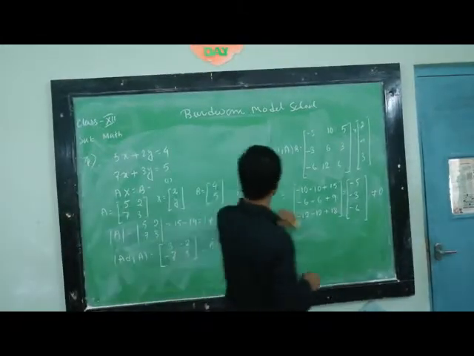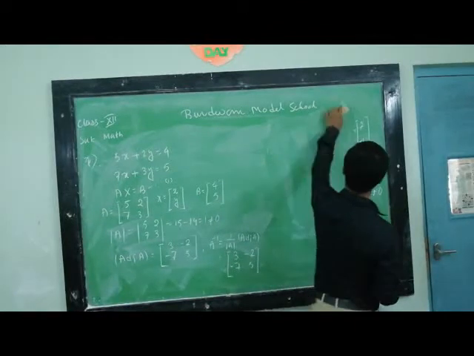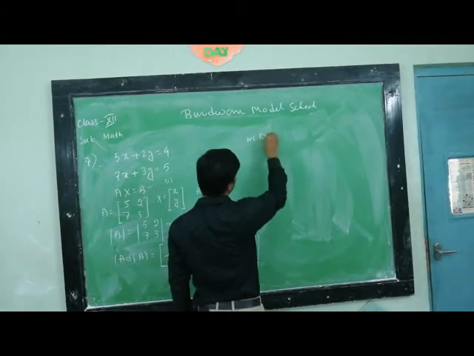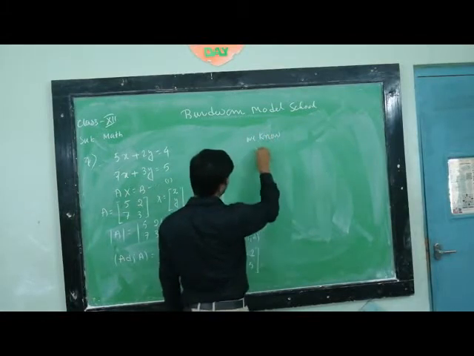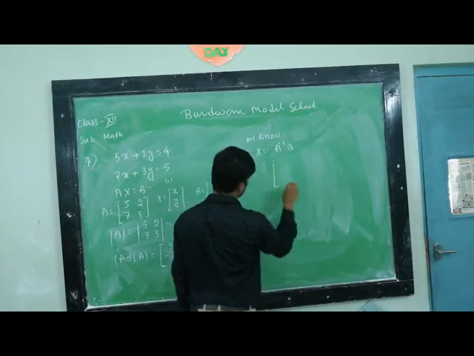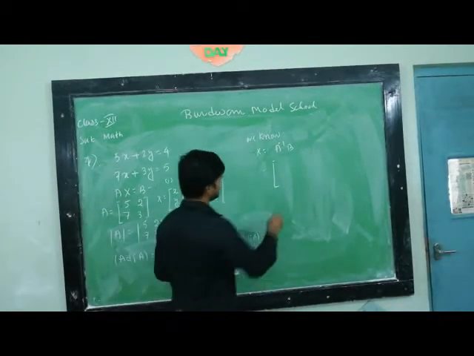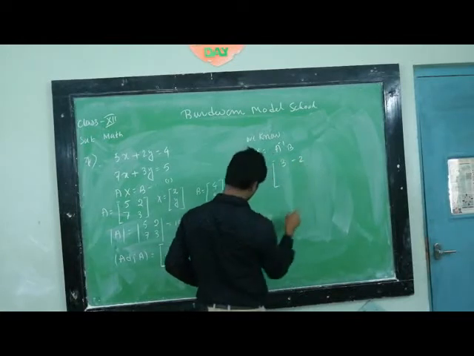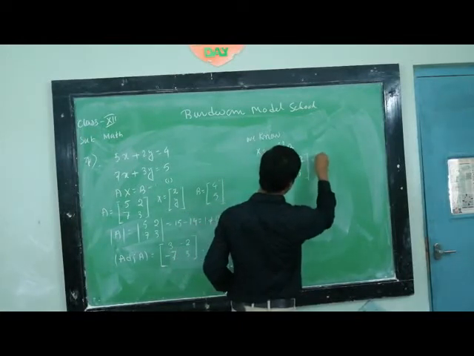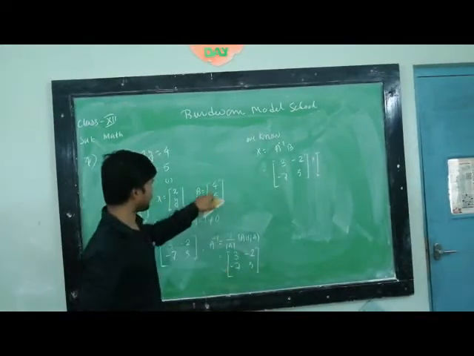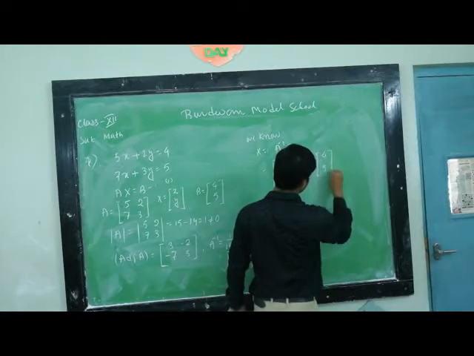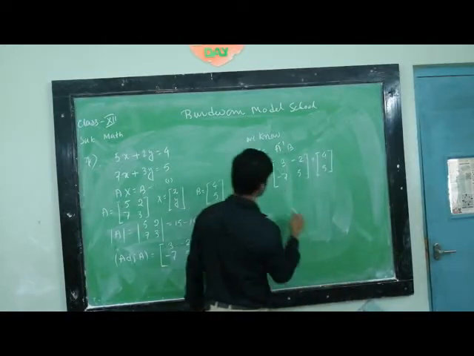Now we know that X is equal to A inverse B. Put the value. The value of A inverse is 3, minus 2, minus 7, 5, and the value of B is 4, 5. Now multiply these two matrices.